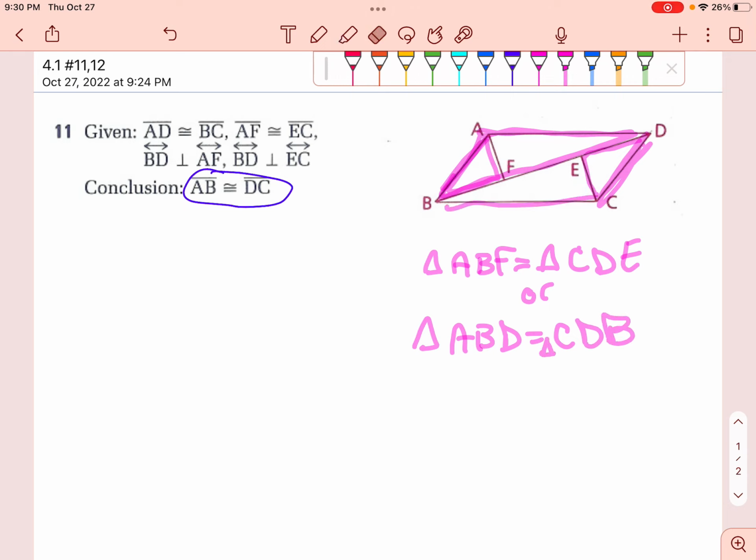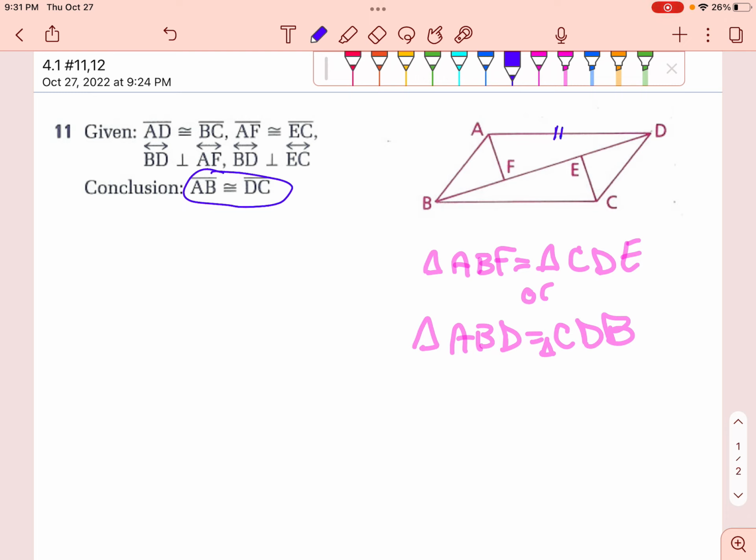So I don't know which one I want to get, but I do know that both of those triangles, this triangle and this big triangle, contain segment AB. And this big triangle right here, or this little triangle, both contain segment DC. So in the back of my head, I'm going to try and get one of those triangles to be equal to each other. So let's look at the given information.